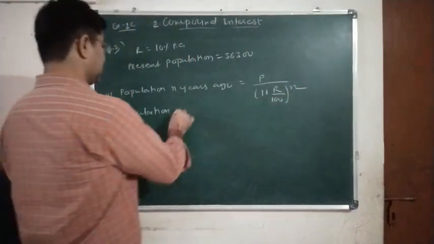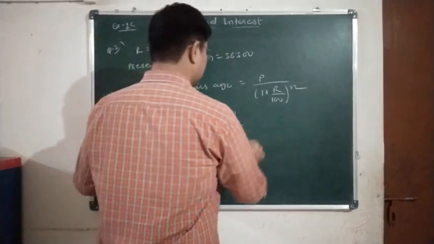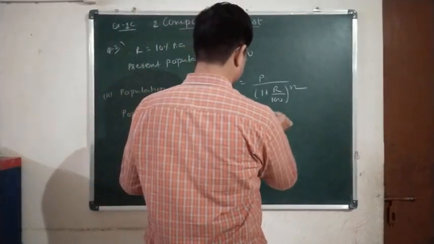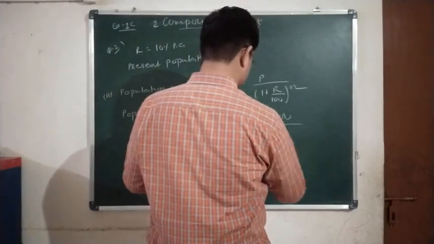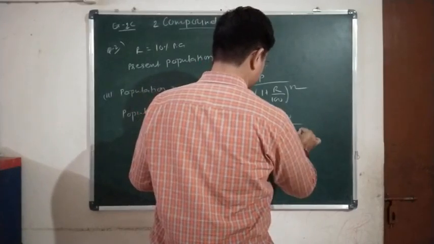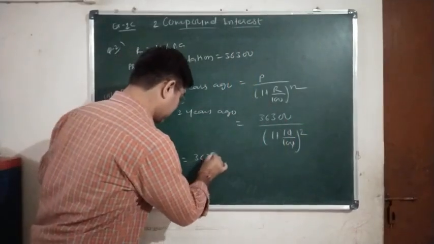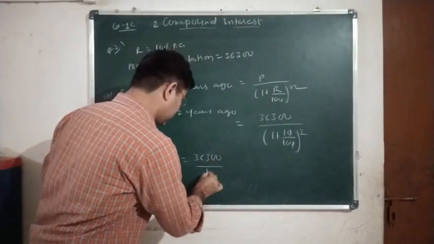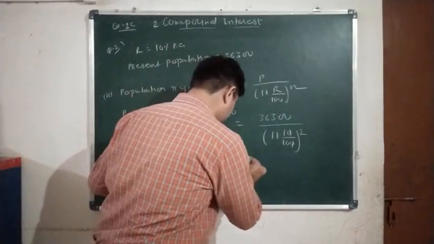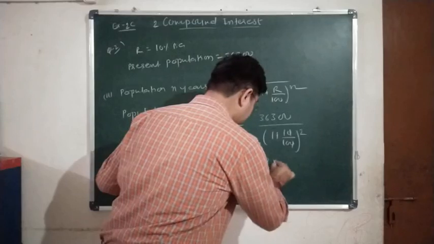So population 2 years ago equals 36300 upon 1 plus 10 upon 100 raised to 2, which is 36300 upon 11 by 10 raised to 2, equal to 36300 into 10 into 10 upon 11 into 11.